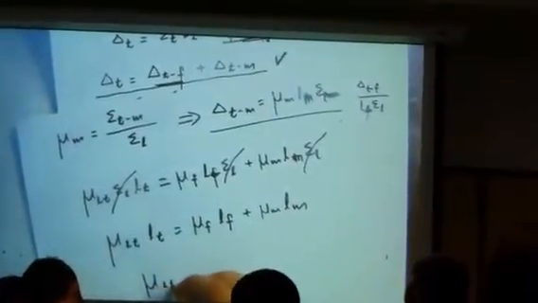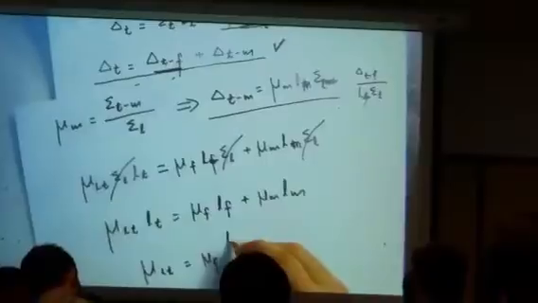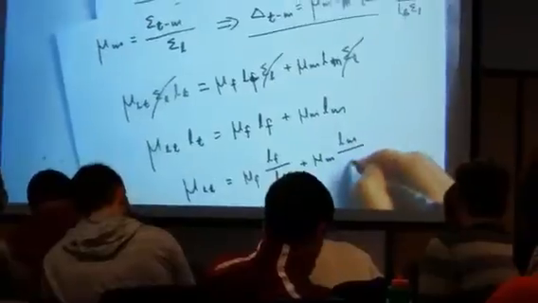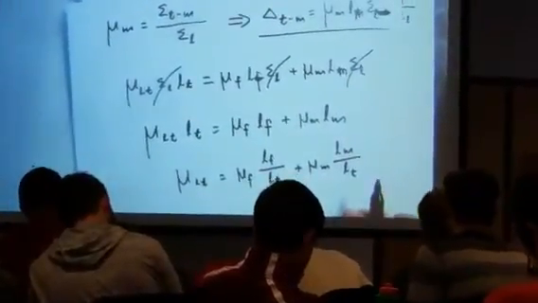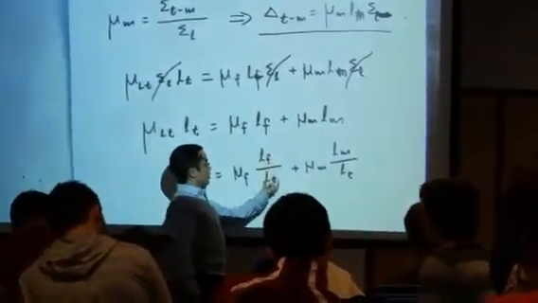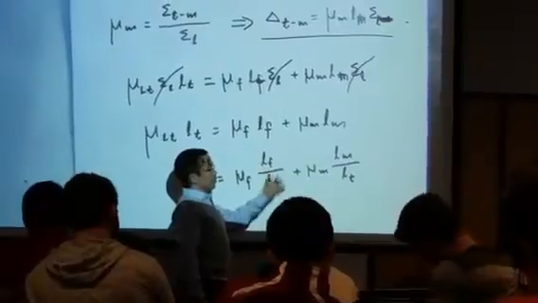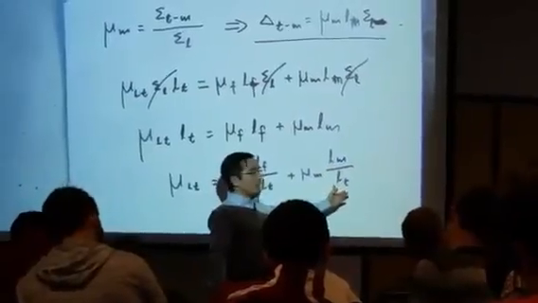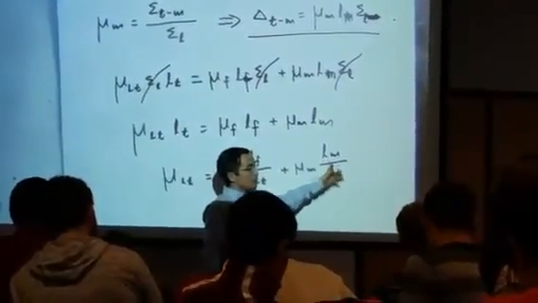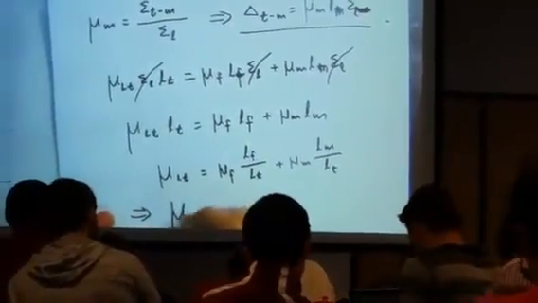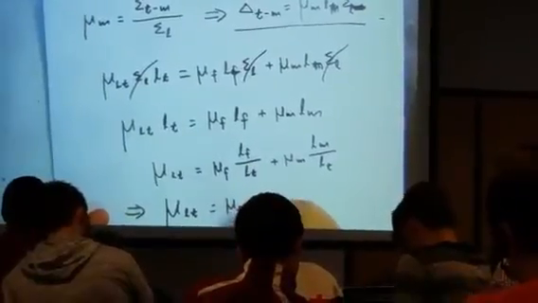You will get mu LT equals mu F LF divided by LT plus mu M LM divided by LT. And then what is this? Again, this is height of the filament. This is the total height of the composites. This becomes volume fraction again of the filament. This one is the height of matrix, over the height of the composites. So you get volume fraction for the matrix again. So this is a relation: mu LT equals mu F times VF plus mu M VM.